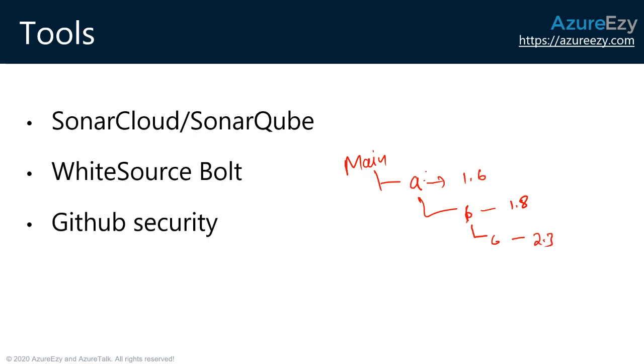Now, if any one of them has some vulnerability, GitHub can give you an alert that, boss, this 2.3 should actually be 2.8. It is using 2.3 which has a security vulnerability, or it can be on the highest level as well. It can be like, 1.6 should be 2.9 or something like that.